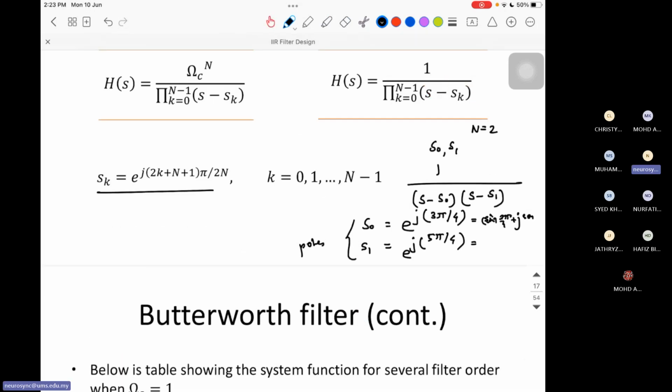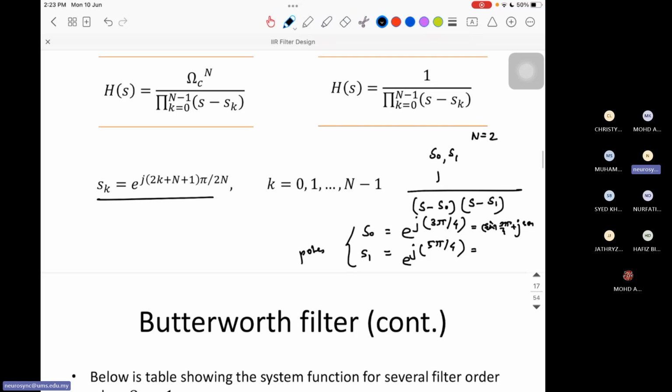Okay, if I put n equal to 1 here, what will happen? S minus Sk. Sk I can find here. E to the power j, n equal to 1. Therefore, this is 2 pi divided by 2. So that is e to the power j pi.